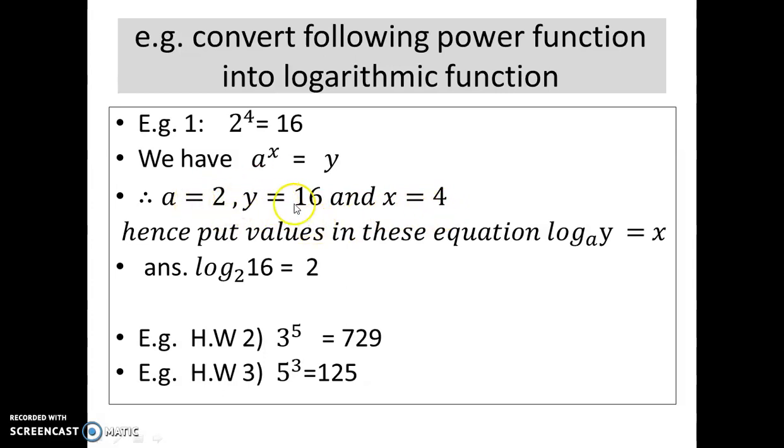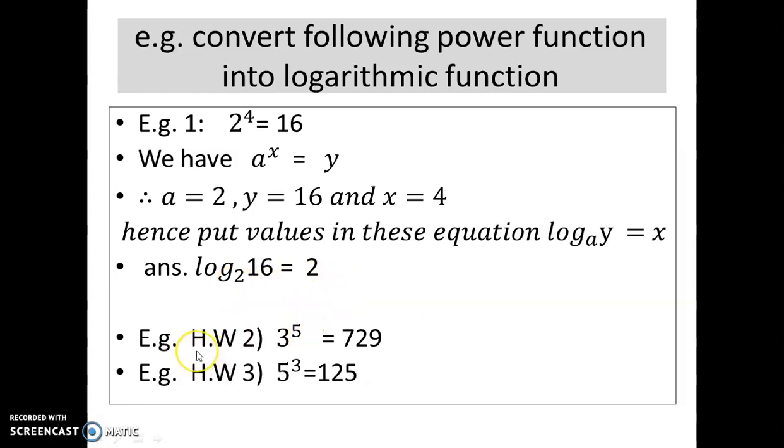I put the values derived from 2 raised to 4 equal to 16 in the above expression: if a raised to x equals y, then I take the word log, the base is a, and the answer is y, equal to x. We derive the answer: log 16 to the base 2 is equal to 4.